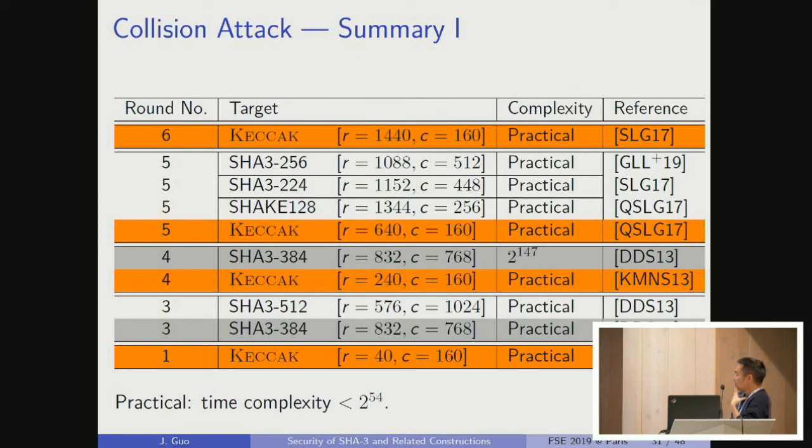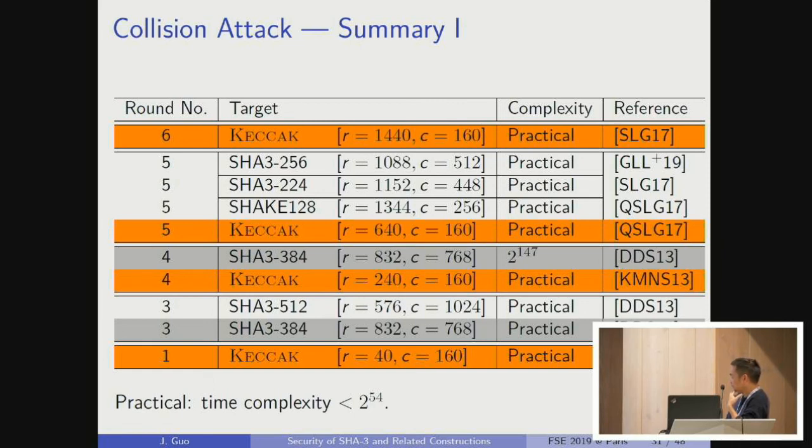So this is the summary of the collision attack. Practical attacks are up to 5 rounds for some of the SHA-3 variants, and for the Keccak collision contest, up to 6 rounds. As I mentioned, with a smaller internal state size, it's much more difficult to attack.